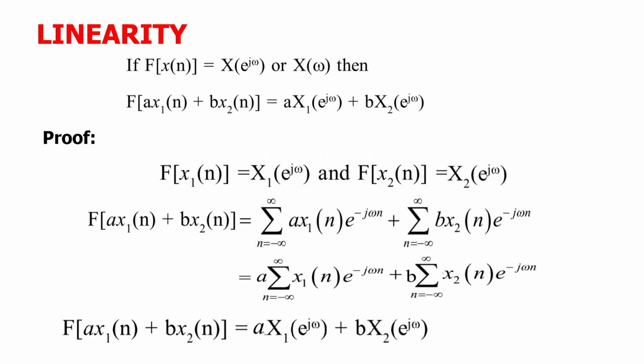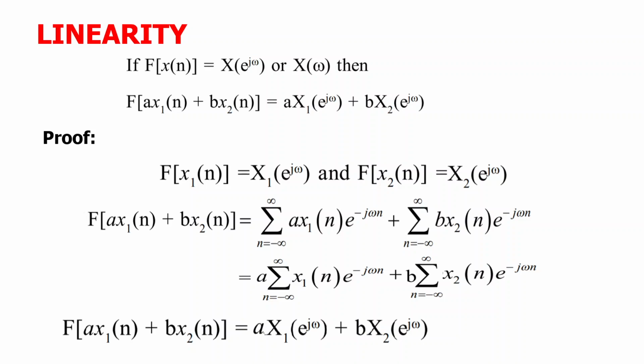So we know that the discrete time Fourier transformation formula is summation n equal to minus infinity to infinity, signal into e power minus j omega n. The operation summation itself satisfies linearity property.